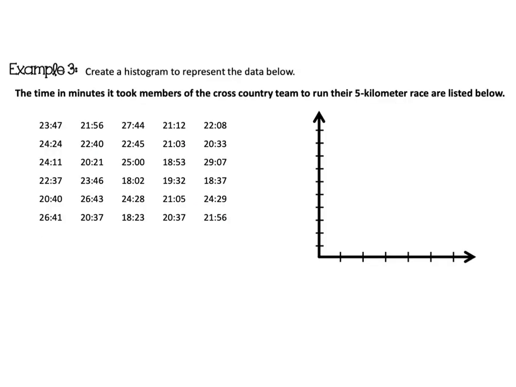In example 3, we're just going to simply create a histogram. So the frequency, or the number of times a data point appears, will go on the y-axis, and the time will go on the x-axis. The first thing I'm going to do is create a scale.